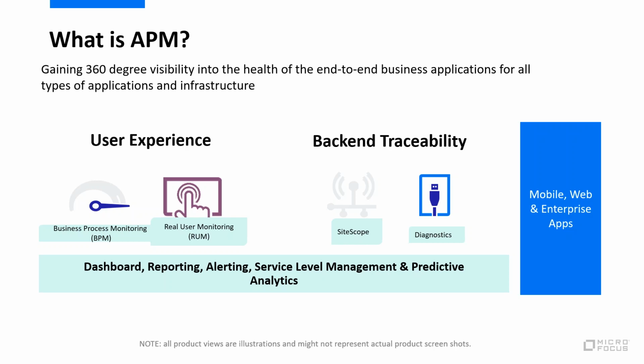And backend traceability, like infrastructure and code level issues, can be identified with two tools called SiteScope and Diagnostics. Currently BPM and RUM support mobile and web applications as well.